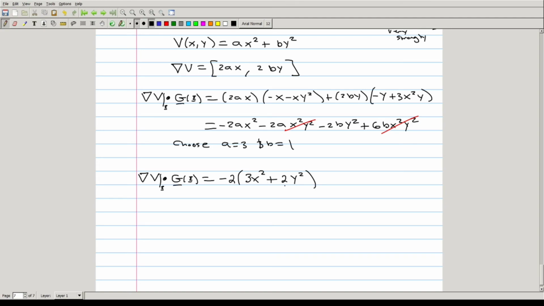Which for any value of x and y, this is always going to be positive, and therefore this is going to be strictly less than 0 for all x, y not equal to the critical point xi star.